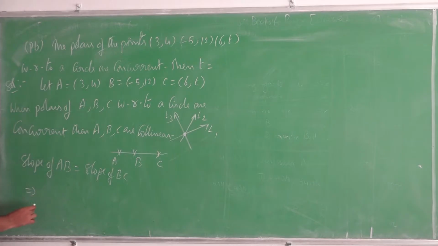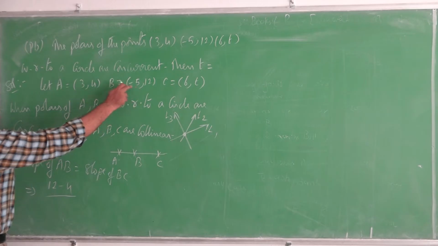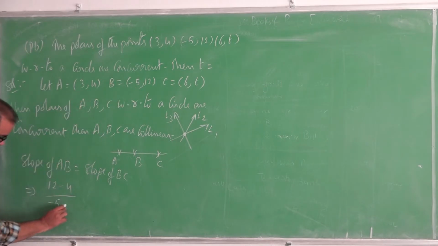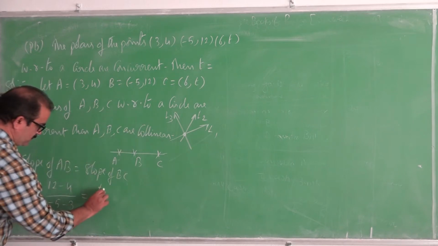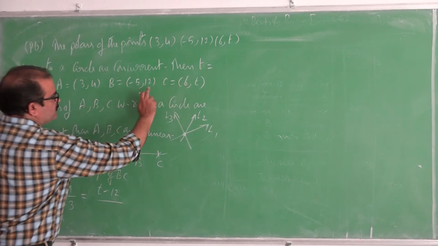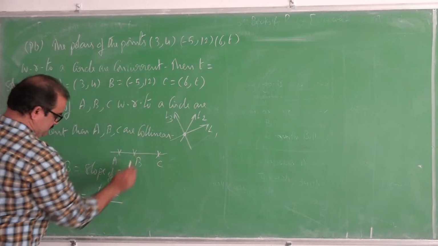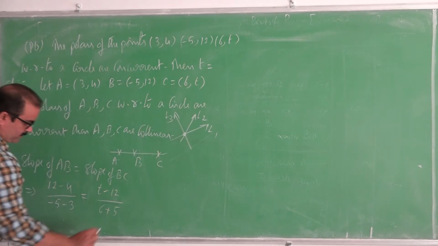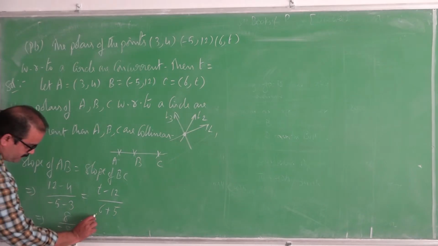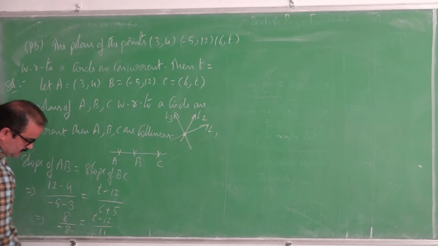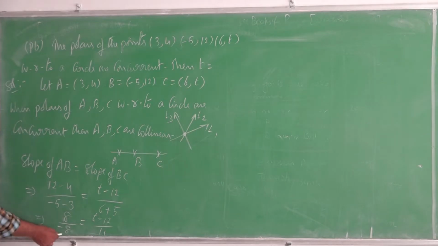Slope of AB is (12 minus 4) by (-5 minus 3), which is equal to slope of BC, (t minus 12) by (6 plus 5). 8 by minus 8 is equal to (t minus 12) by 11.